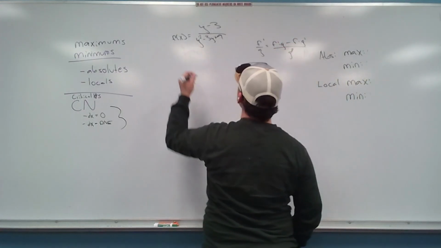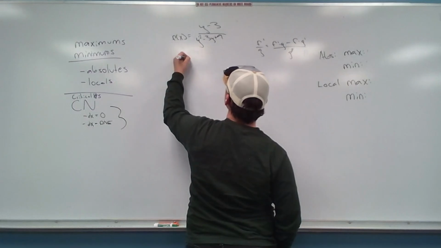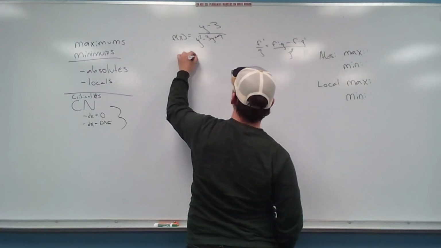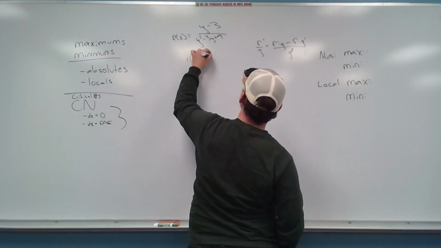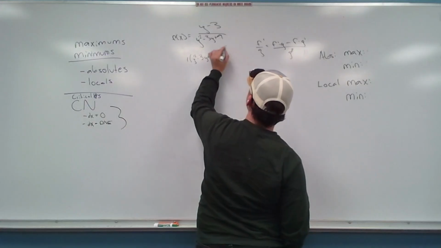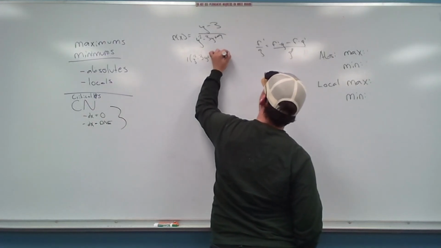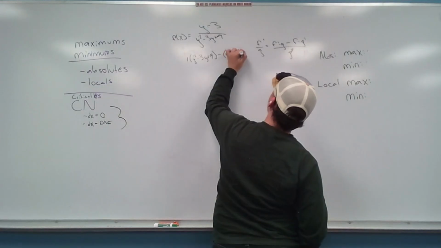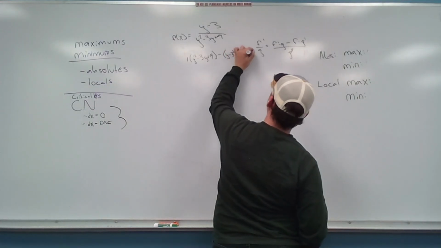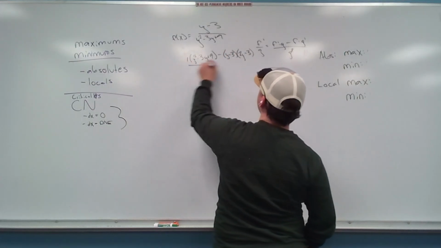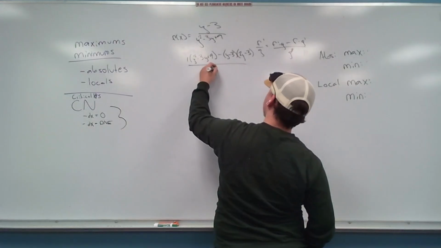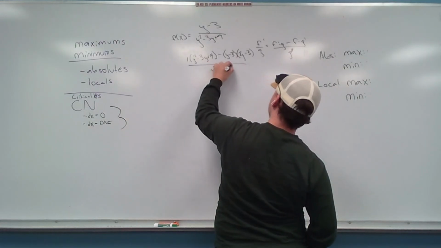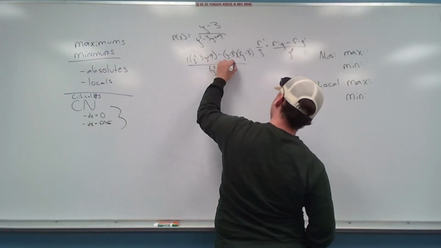And we're going to end up with 1 times y squared minus 3y plus 9 minus y minus 3 times 2y minus 3, all of that over y squared minus 3y plus 9 squared.